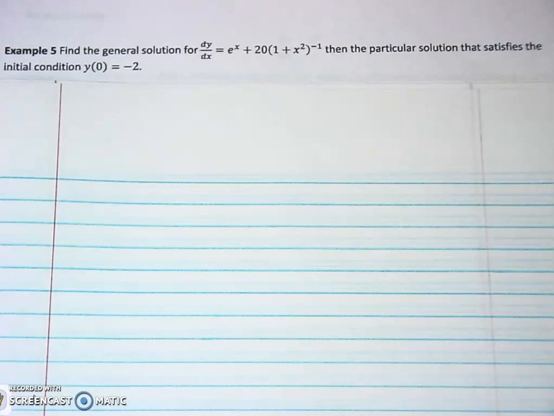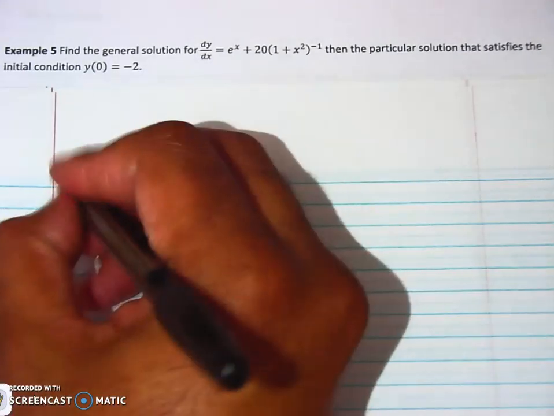All right, so here, example 5 says find the general solution for this differential equation, and then the particular solution that satisfies the initial condition of y of 0 equals -2. And again, we do the same thing we've been talking about. So I'm going to start off with example 5.